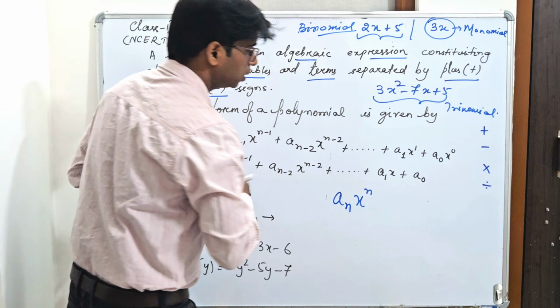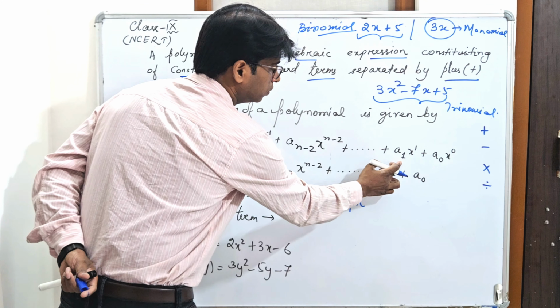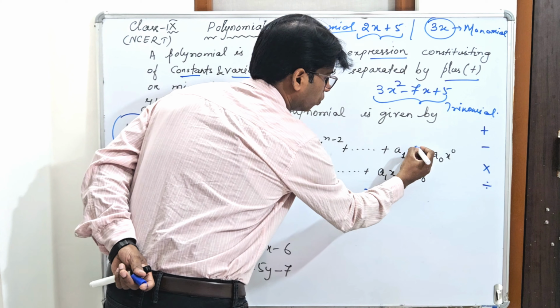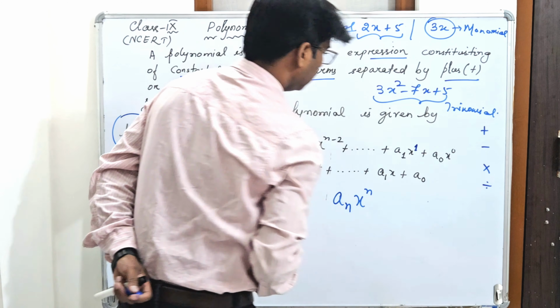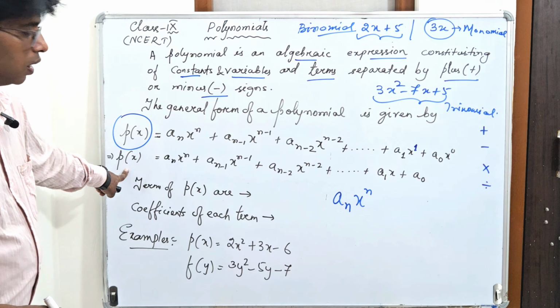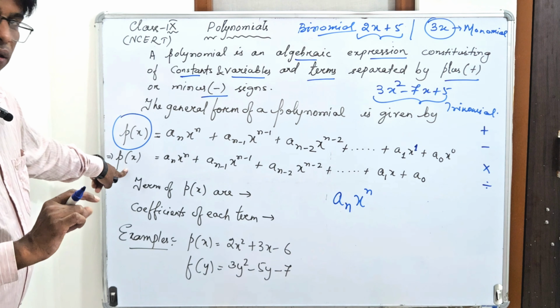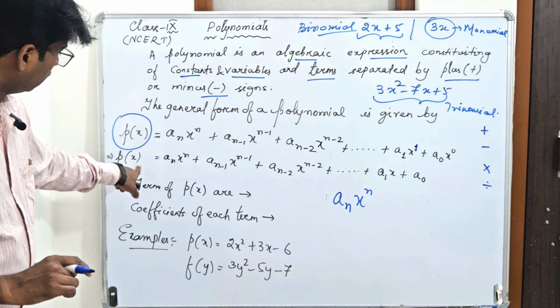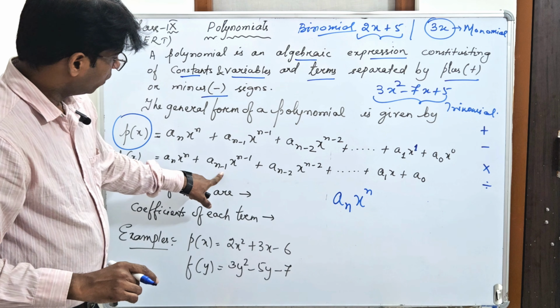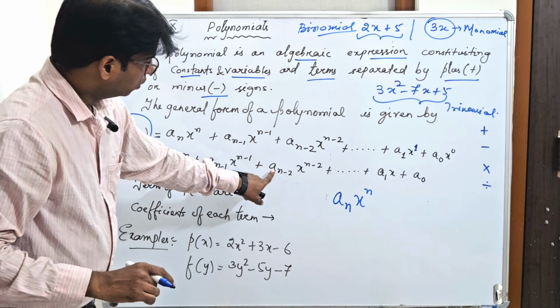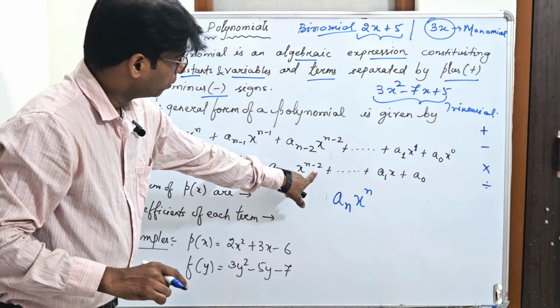Just see the second last term, a1 x to the power 1, and here a0 x to the power 0. Then in the next step I have finalized the polynomial general form. P of x is equal to what? a n x n, then a n minus 1 x n minus 1, then a n minus 2 x to the power n minus 2.